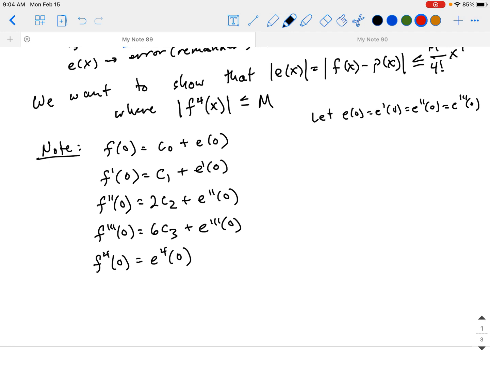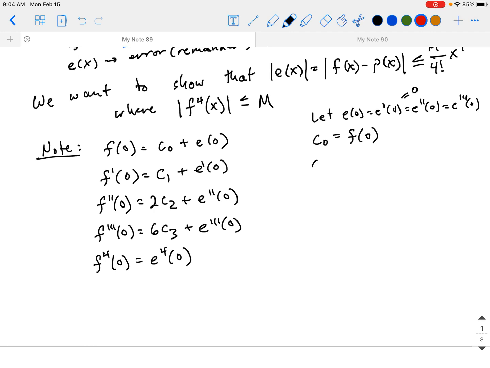So these values are going to be some really small values, obviously. And so C0 is going to equal f of 0. And actually, we can make these all 0 if we wanted to. Yeah, why don't we just make those all 0?